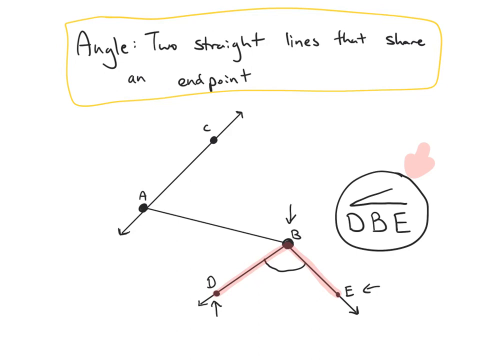So you could probably see some other angles here on our figure that we've just created, one of which might be angle CAB. So if we looked at this angle, it would be from point C going down to A, going down to B. So that's another angle we can see right there.